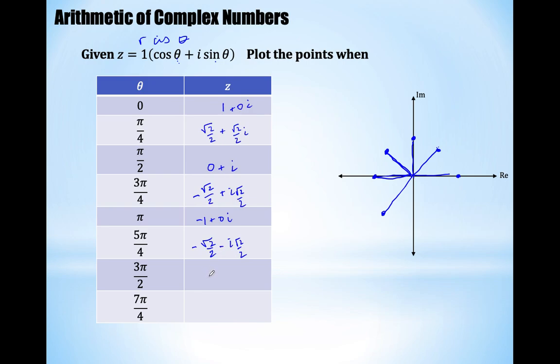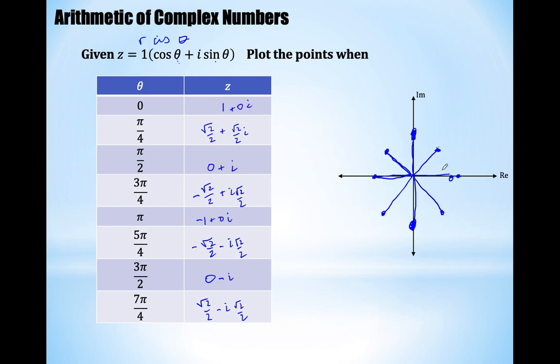Three pi over 2, cosine is 0. Sine is negative 1. My radii are getting longer and longer, aren't they? Cosine is positive in quadrant 4, but sine is negative. I think I see a little bit of a pattern here, don't you?